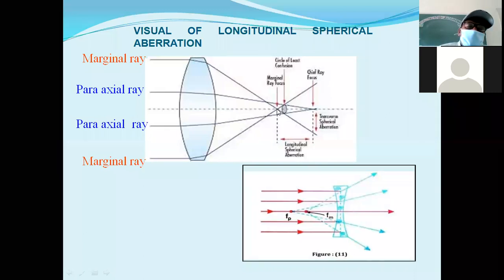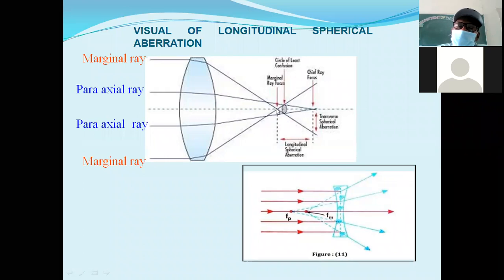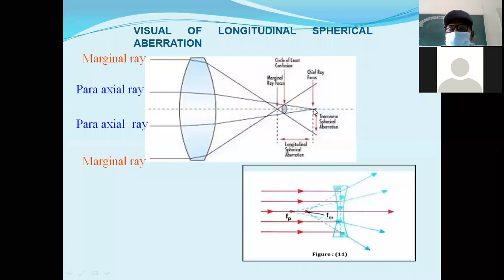You all know there will be no image before the marginal rays meet. So this is the starting position of the image and this is the end position of the image, because after the paraxial rays, no rays will form any further image.